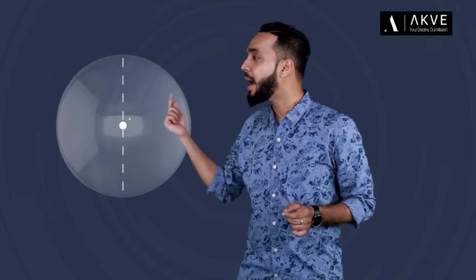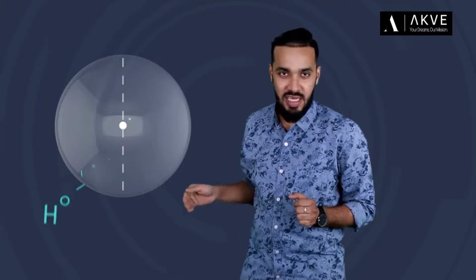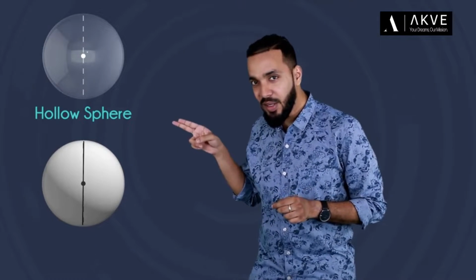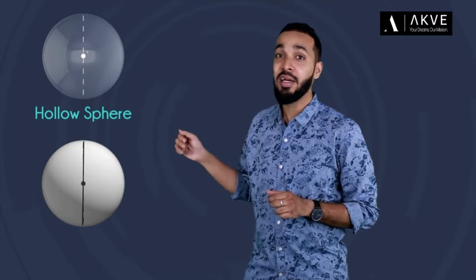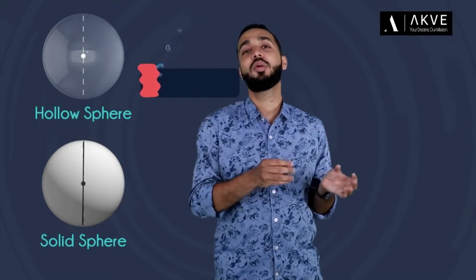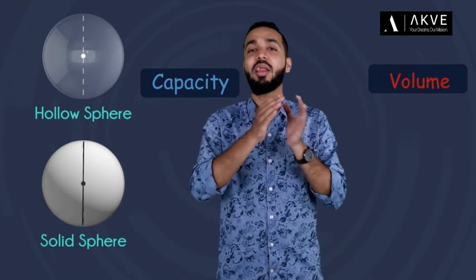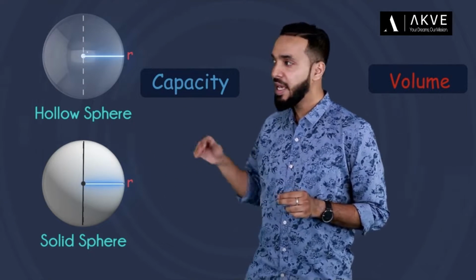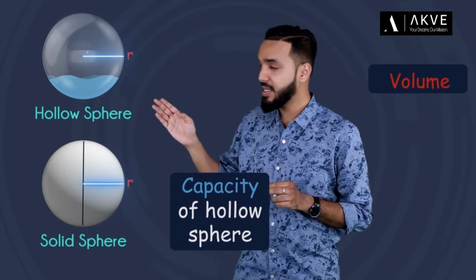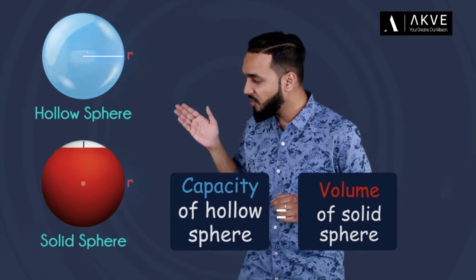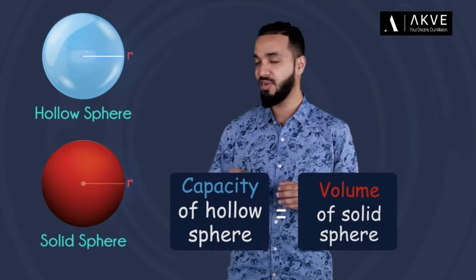We already know that rotating a circle about its diameter gives us a hollow sphere. And similarly, rotating a circular disc about its diameter gives us a solid sphere. And by now, we have explored capacity and volume well enough to know that if the radius of each of these spheres is the same, the capacity of this hollow sphere would be the same as the volume of this solid sphere.